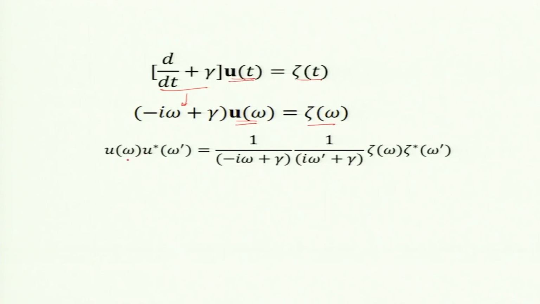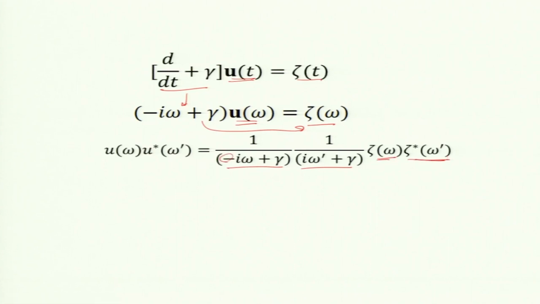Zeta is supposed to be a vector, but let us assume 1D for now. So, u omega and u star omega prime will be this. When I do the complex conjugate, this minus I becomes plus, and zeta omega and zeta star omega prime.